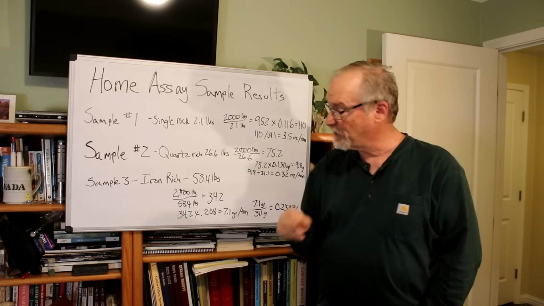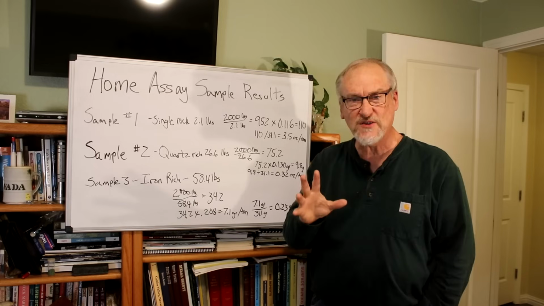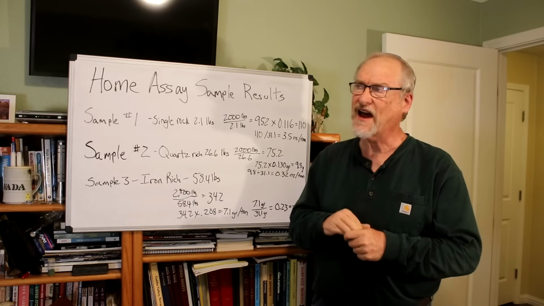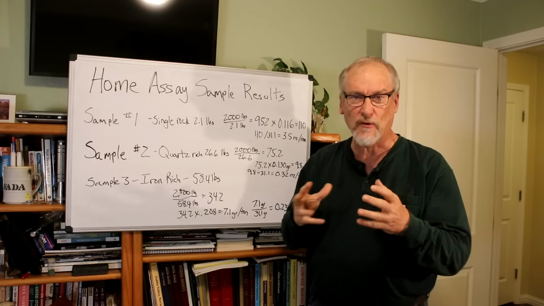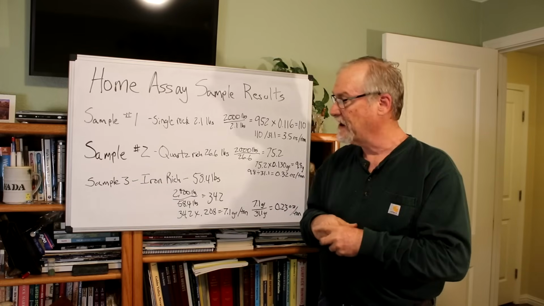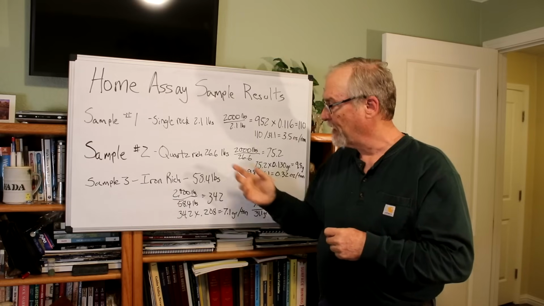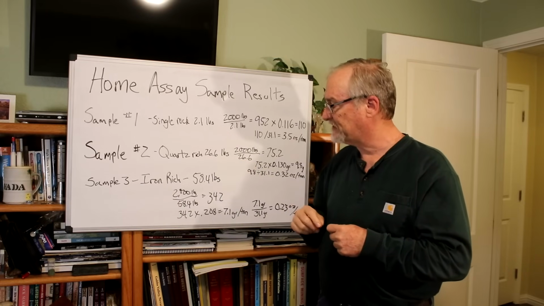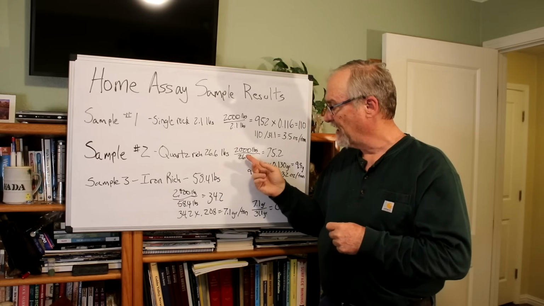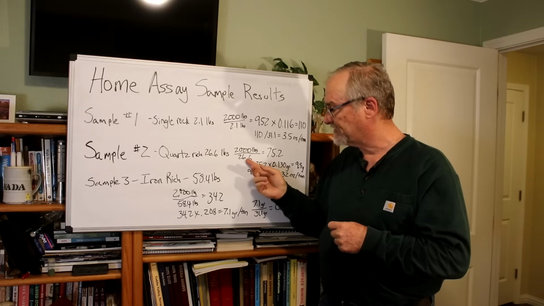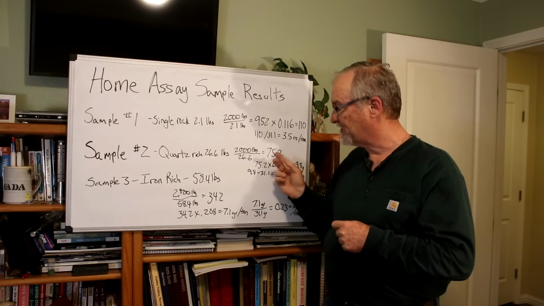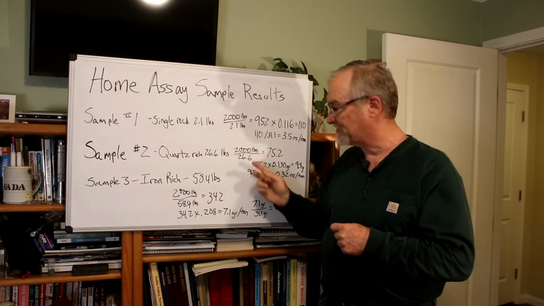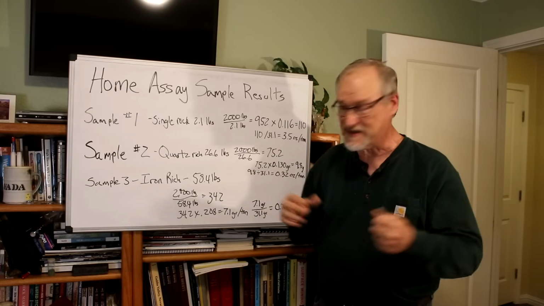Now my sample number 2, it was some quartz rich rock that had a lot of pyrite, both fresh and also altered and turned to rust, turned to limonite by weathering. But that sample weighed 26.6 pounds, and 2,000 divided by 26.6 gives you 75.2. That's the number, that 75.2 times 26.6 will give you 2,000 pounds, a ton.